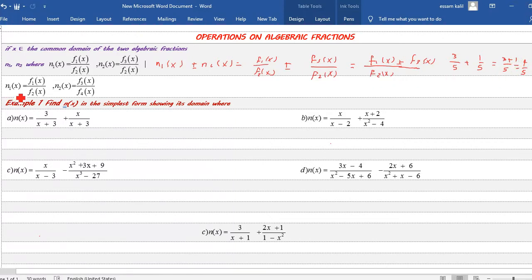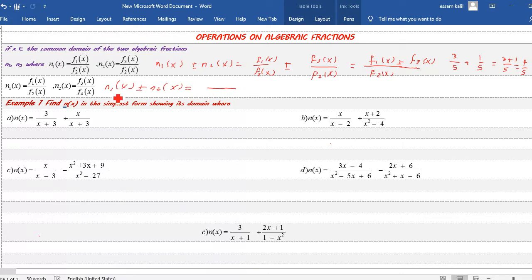If n1 of x equals f1 of x over f2 of x, and n2 of x equals f3 of x over f4 of x, the two denominators are different. And then n1 of x positive or negative n2 of x equals what?